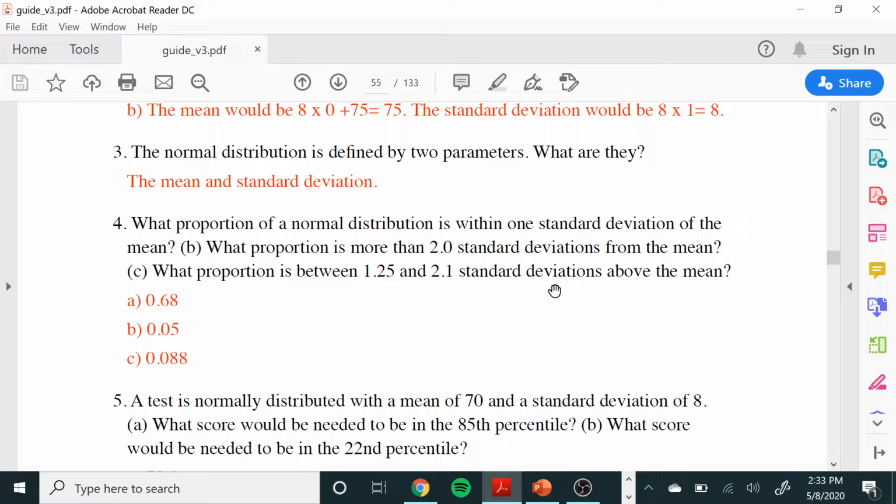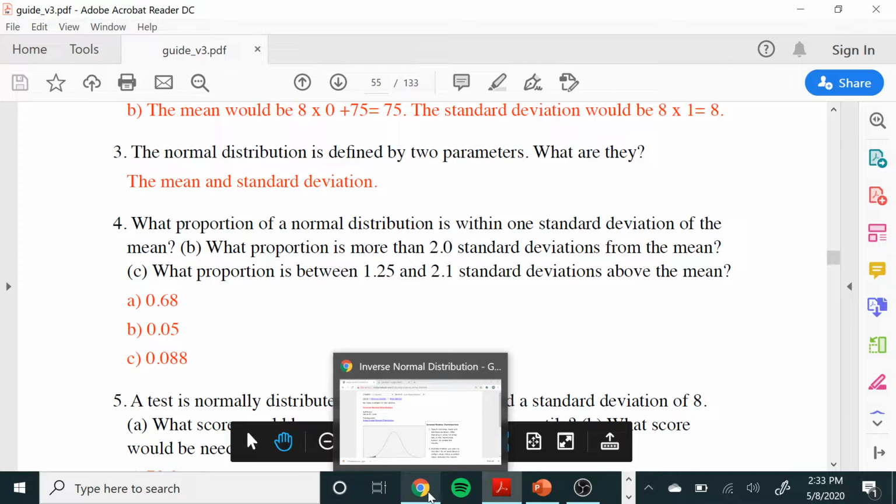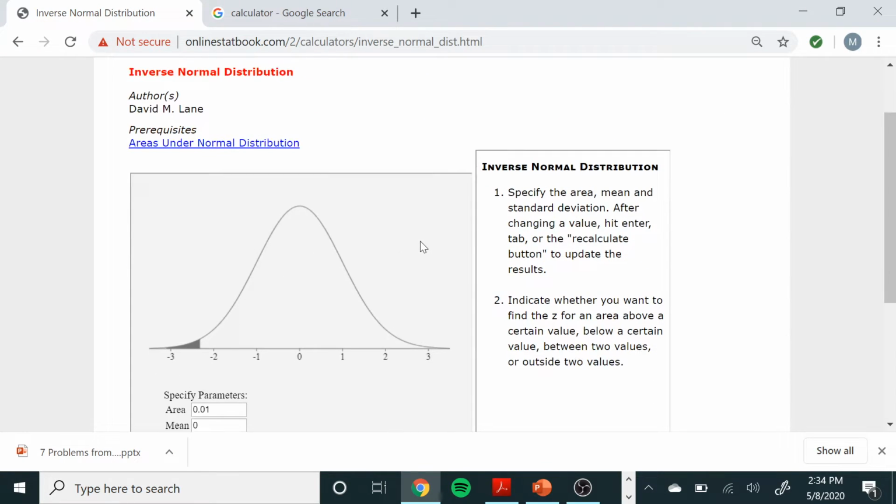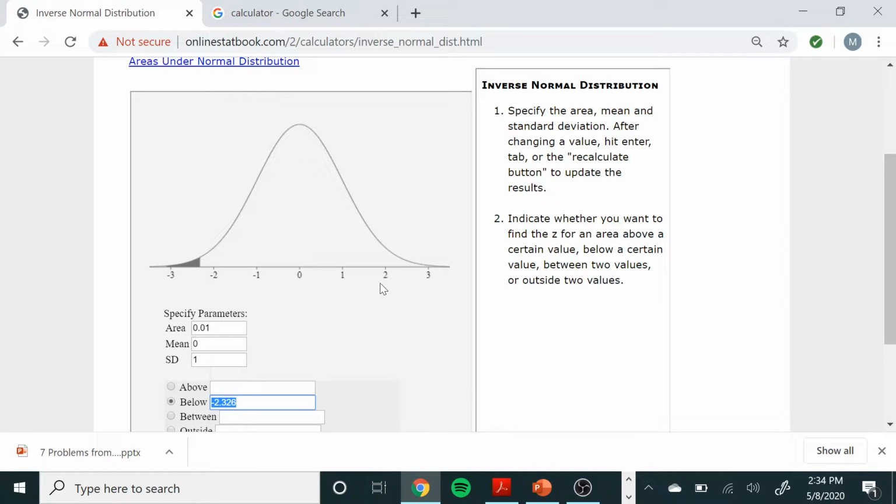Let's read number 4 here. What proportion of a normal distribution is within 1 standard deviation of the mean? One thing I didn't mention earlier, but you might have found out, is these numbers in a standard normal distribution are actually standard deviations from the mean.